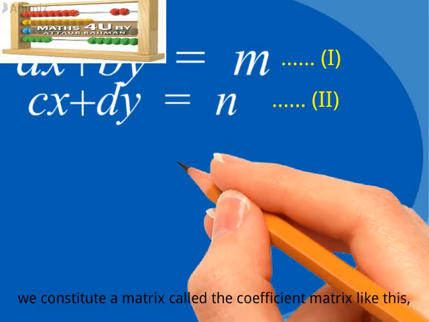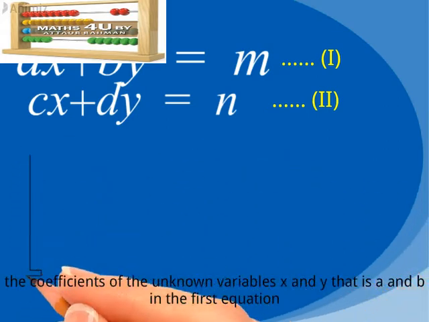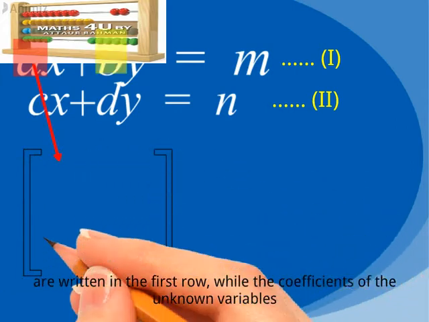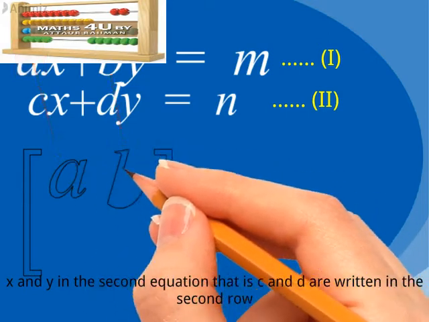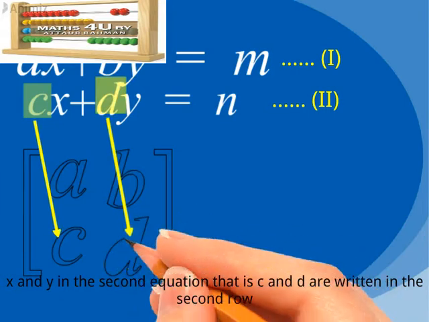The coefficients of the unknown variables, x and y, that is, a and b in the first equation, are written in the first row, while the coefficients of the unknown variables, x and y in the second equation, that is, c and d, are written in the second row.